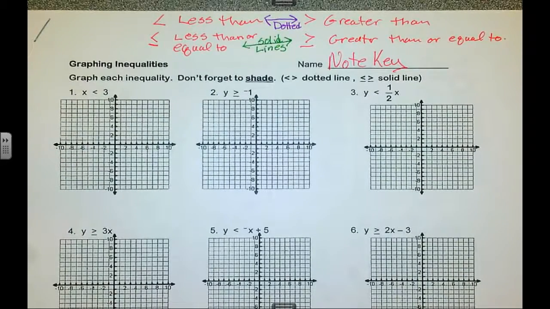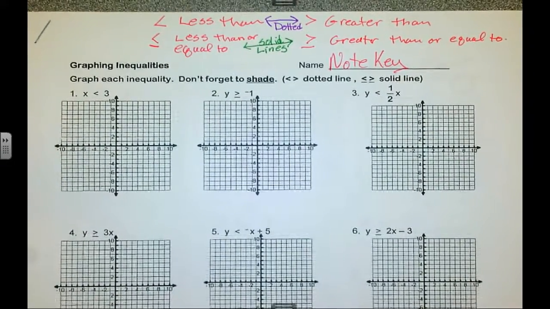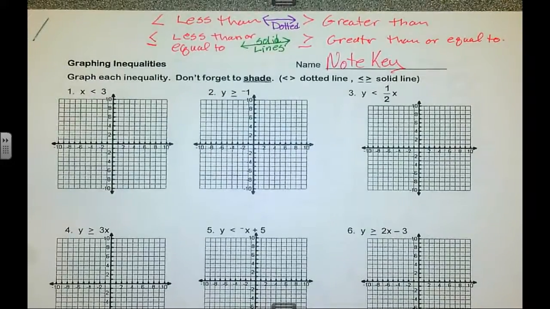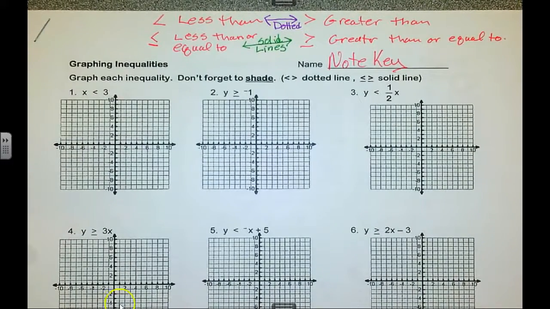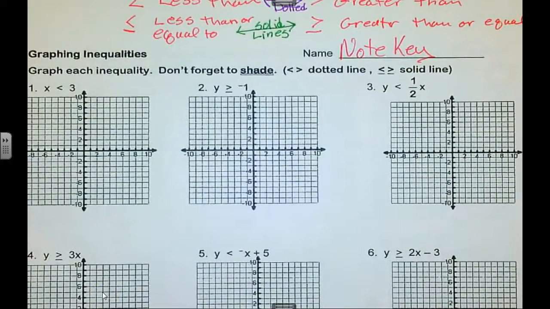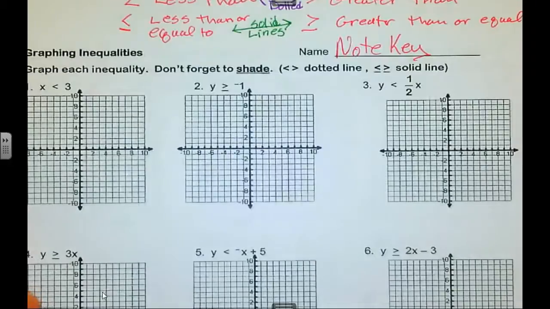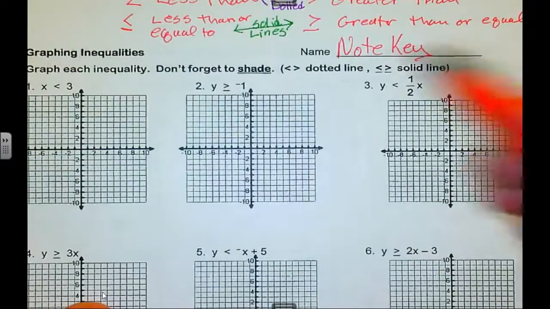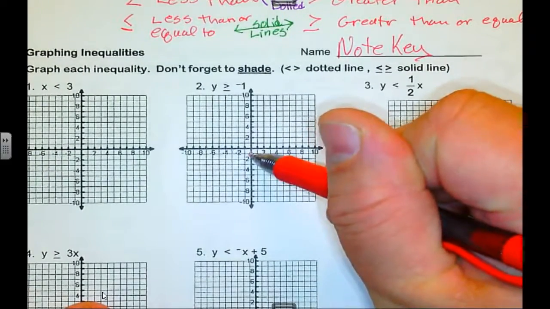So let's take a gander at number 2. The way you do this is you have to draw the line first. Think of that as an equal sign, right off the bat. What kind of line do I have if I have y equals -1? Horizontal line at y equals -1.